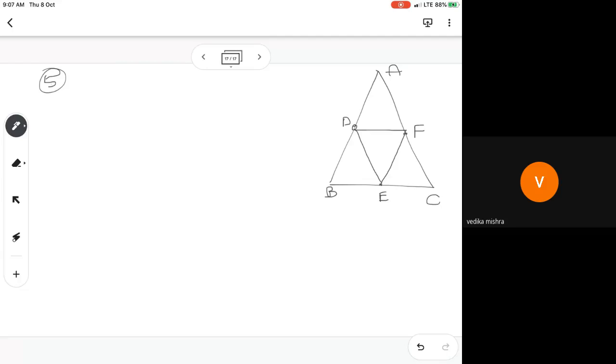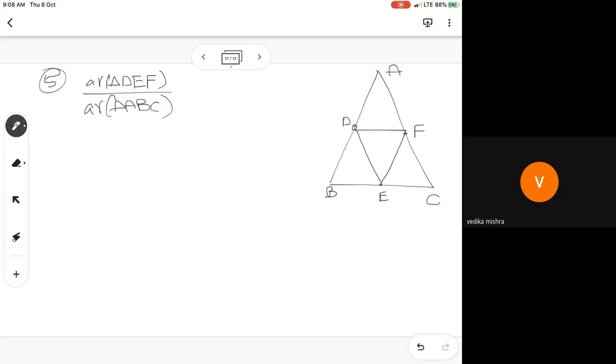Did you understand here? And what is asked to find out? Here it asks you to find the area of triangle DEF by area of triangle ABC.